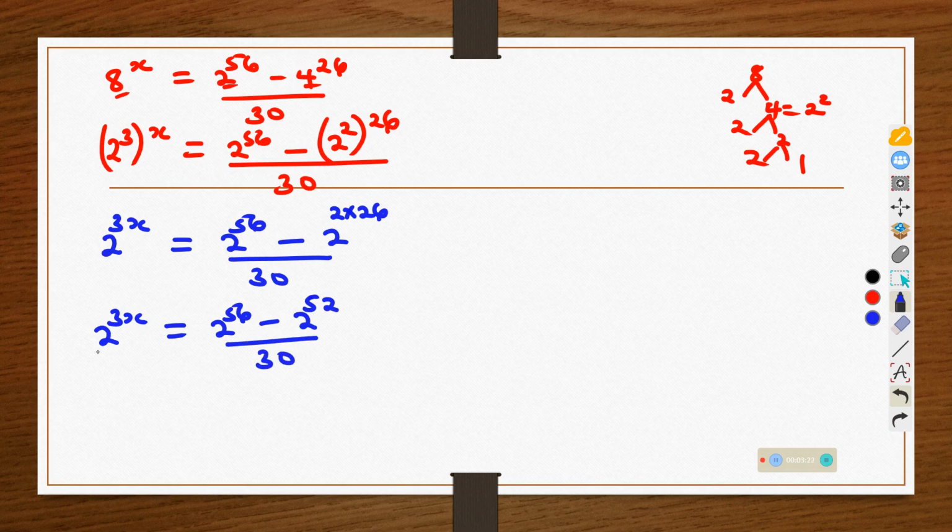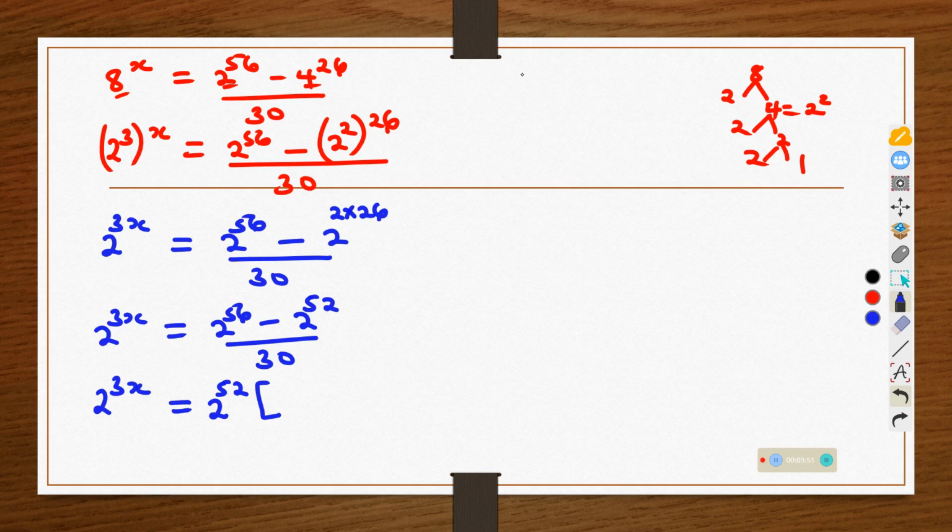Looking at this, you realize we now have 2 to the power 52 and 2 to the power 56. So what we can do here is factorize. Let us factorize out 2 to the power 52. Since this is 56 and this is 52, you factorize out the one with the least power. So we shall put 2 to the power 52 out. When you do that, what will remain here?